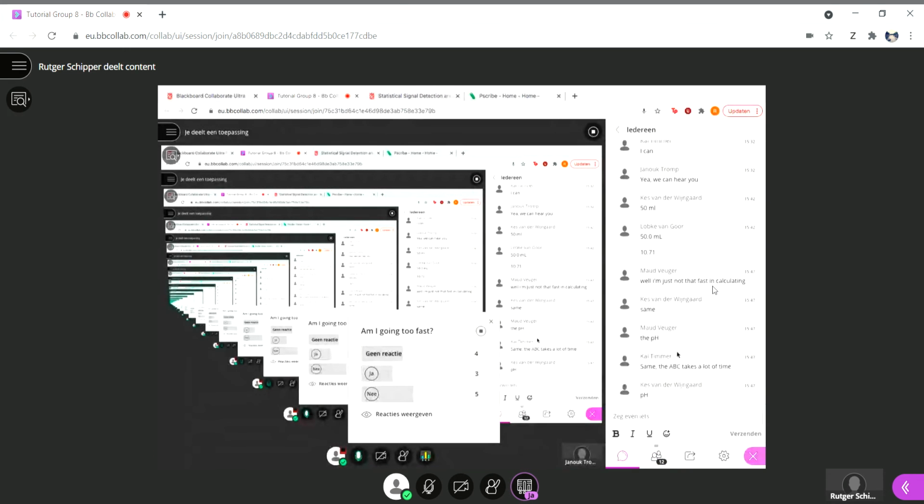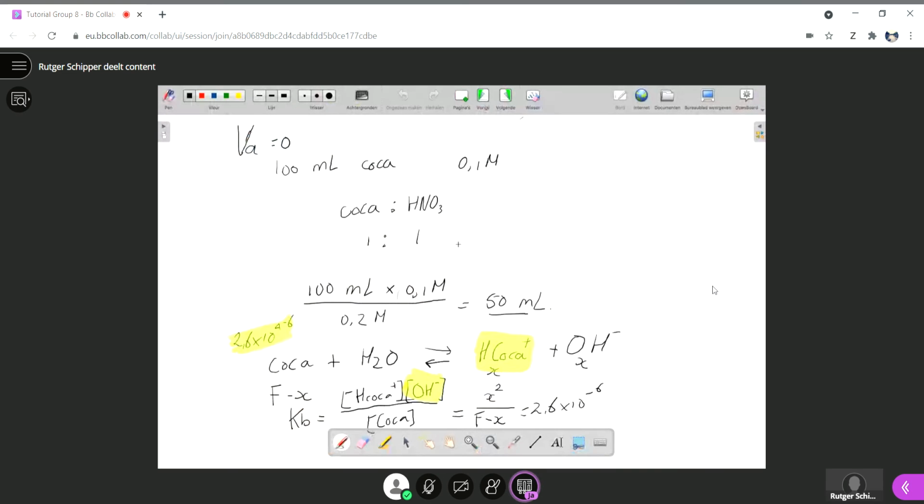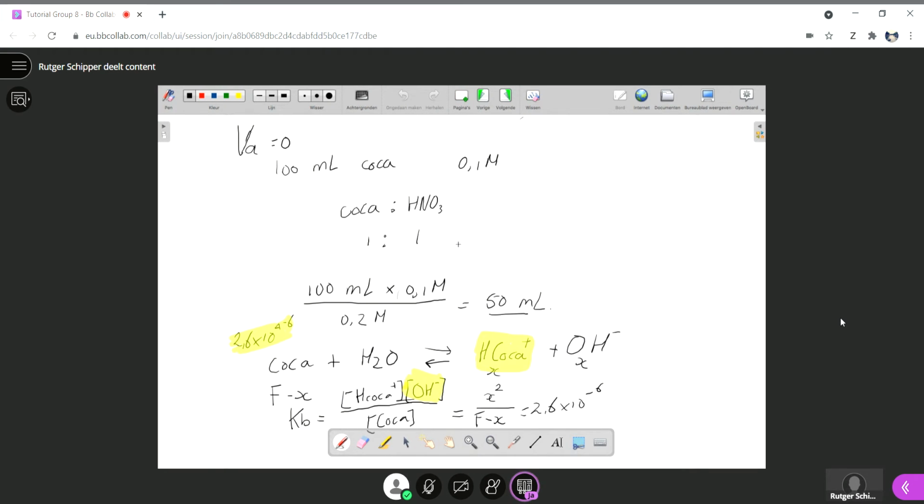Today we will be skipping the quadratic equation. Most of the time I will perform it once, but after that I expect you to handle it yourselves, because it takes a lot of time to write everything down. I can just give you the answer of the pH, and maybe you can calculate it in your own time.